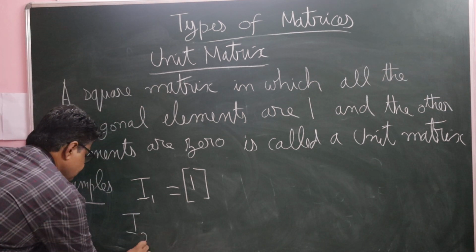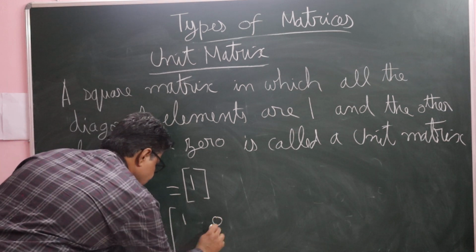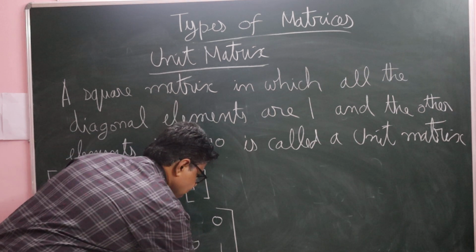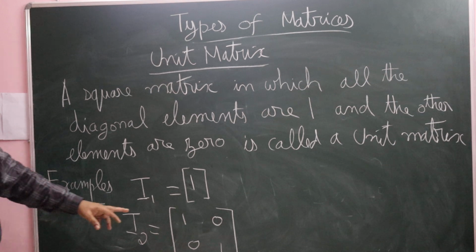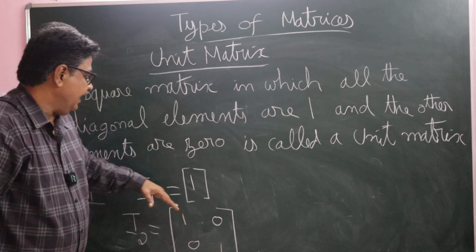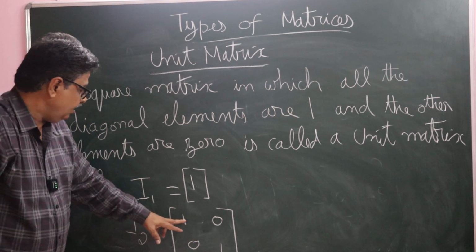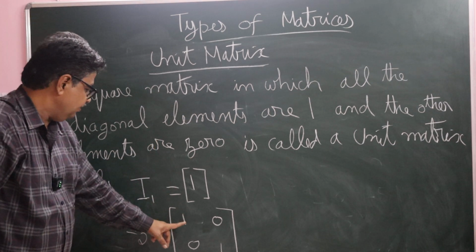I2 is a 2 by 2 matrix. The elements along the leading diagonal are only 1. Its value is unit, its value is 1.